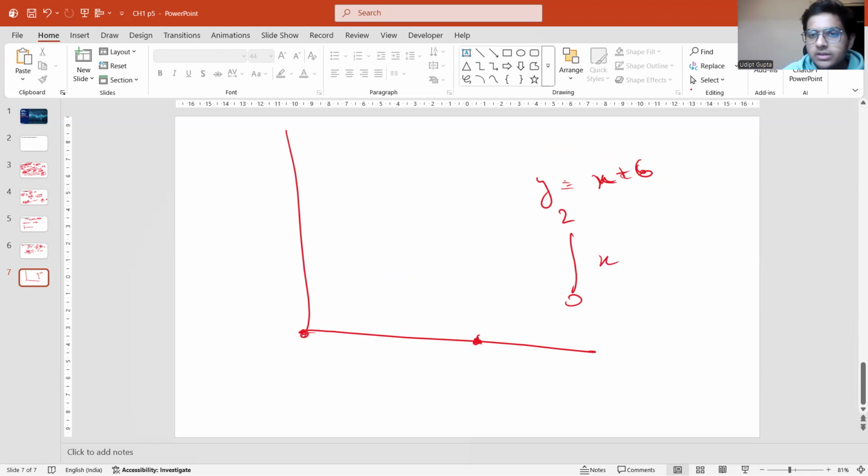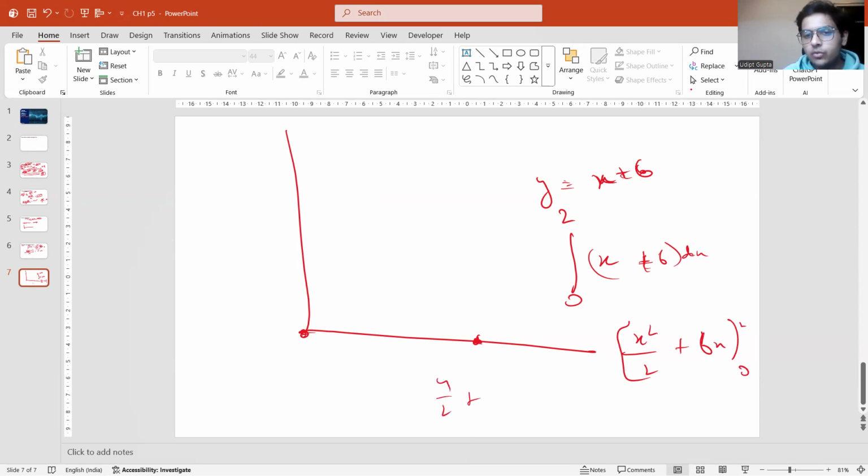So it's x plus 6. Integrating this with respect to dx, it will become x square divided by 2 plus 6x, and then we have the limits 2 and 0 and put these values in.